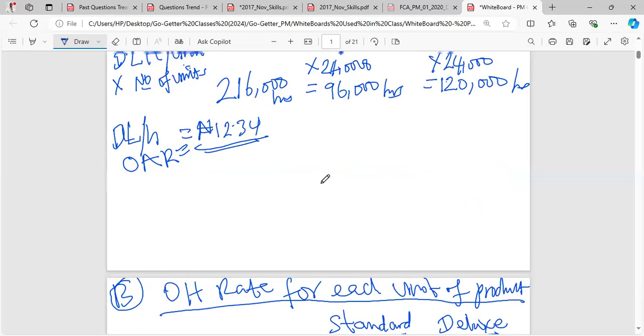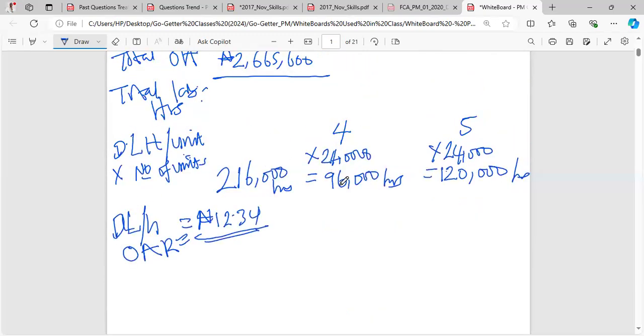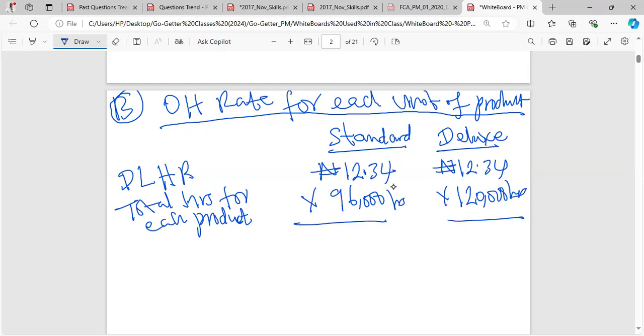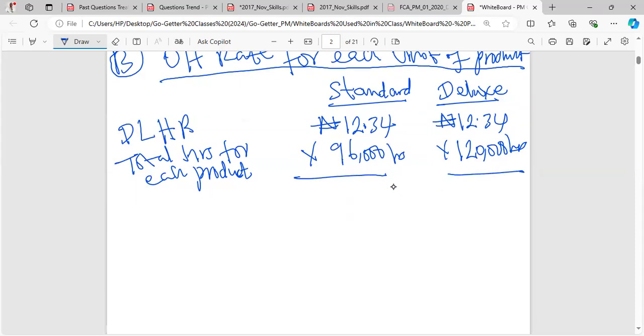Okay, so we have the hours already here. We have 96,000 and we have 120,000. So we are multiplying by 96,000 hours, and we are multiplying by 120,000 hours. Let's do that now.